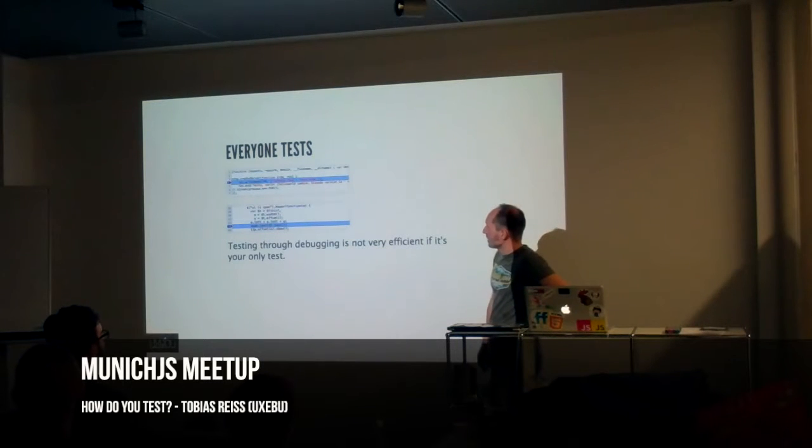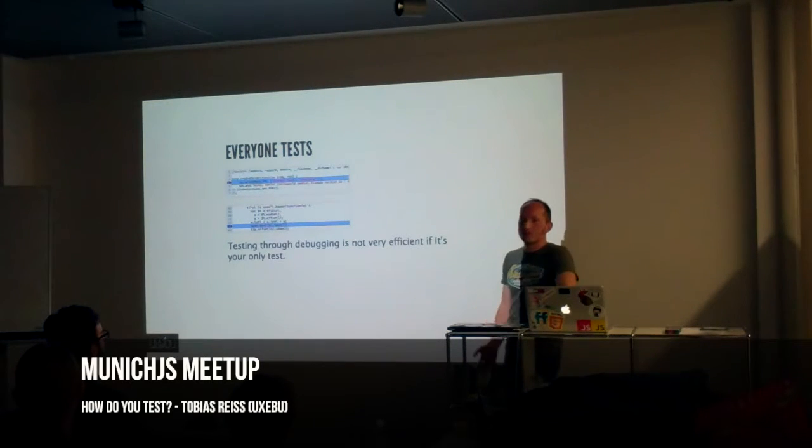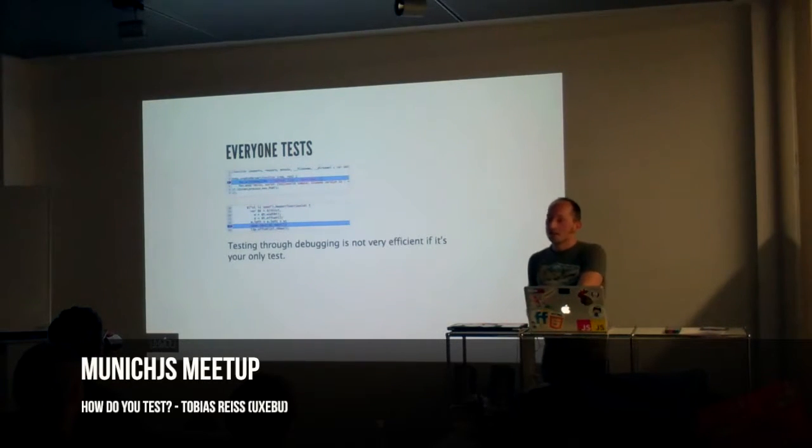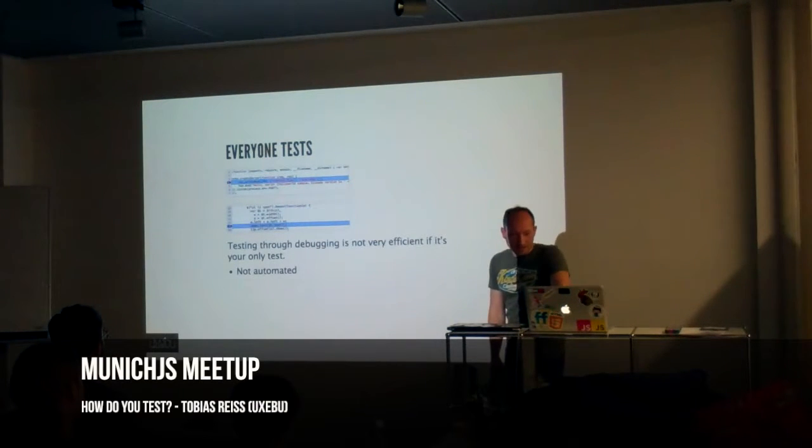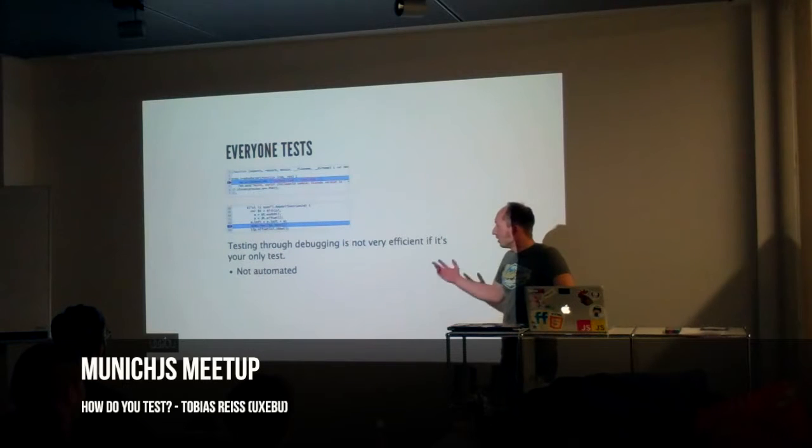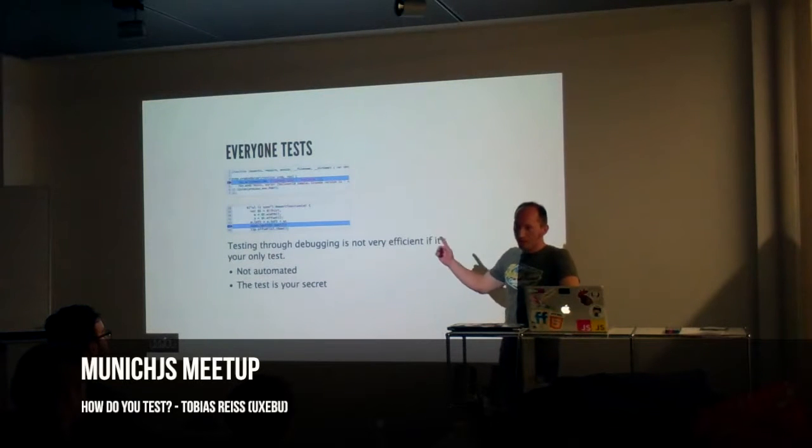But testing through debugger is not very efficient. I mean, that's the point if that's your only test. And today I'd like to discuss some test strategies that are not always just not automated like the debugging console. That's, I think, one of the main problems if the debugging console is your only test, because the test is your secret.